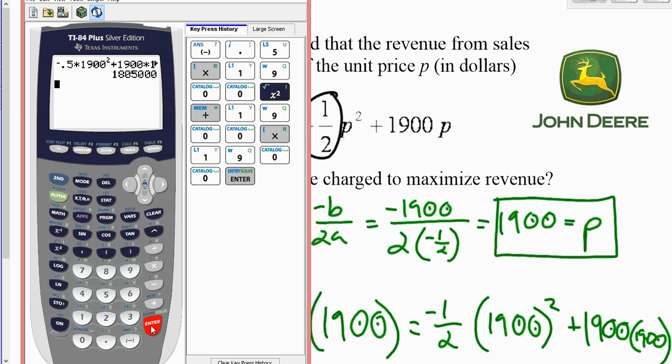So I see that I make 1 million. So the actual revenue generated here is $1,805,000. Okay.